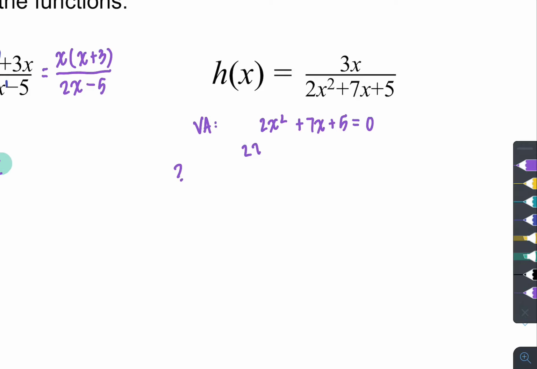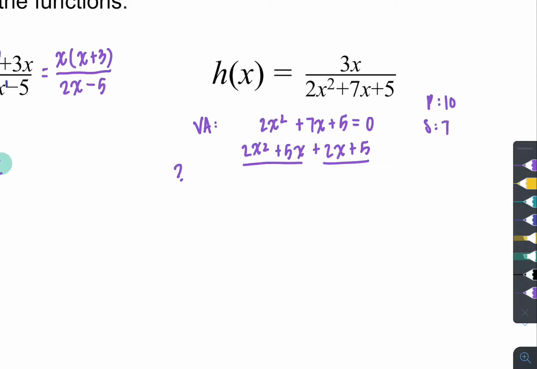All right, what you should have put is 2x squared plus 5x plus 2x plus 5, because 5 and 2 both multiply to be 10 and add to be 7.